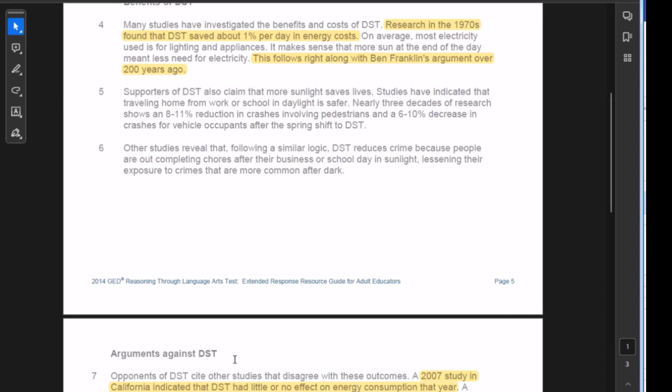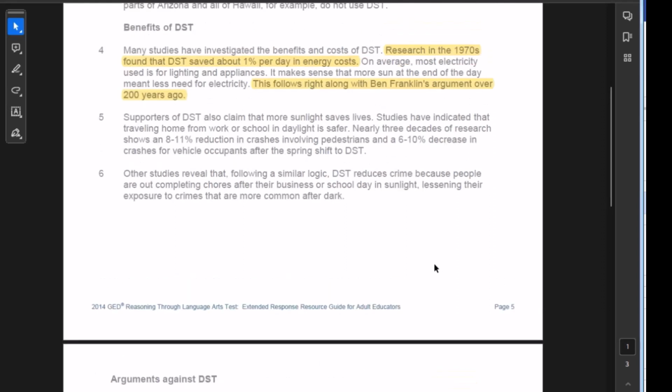So you could turn around and say, not only did they say this study had no effects, but this study goes against what the other side, the folks who are saying there are benefits, what they're claiming, because their study from over 50 years ago is saying that, hey, there's a 1% per day savings in energy costs. So obviously things have changed, as I had mentioned earlier, from the 1970s to the more current years.